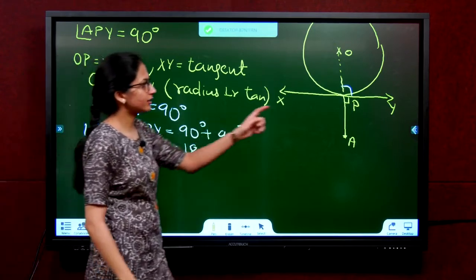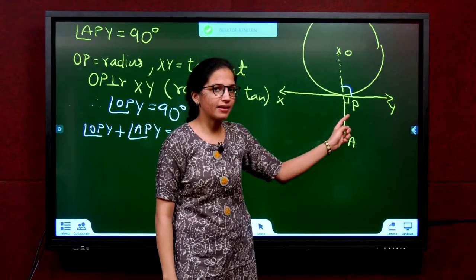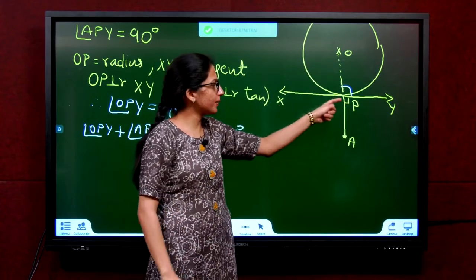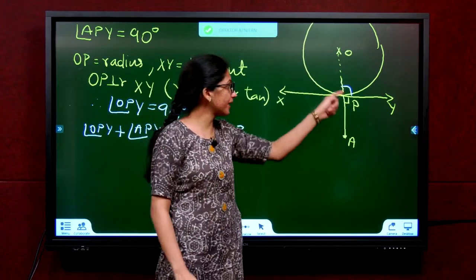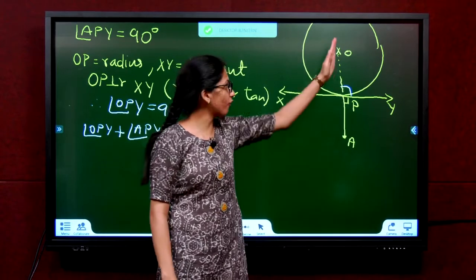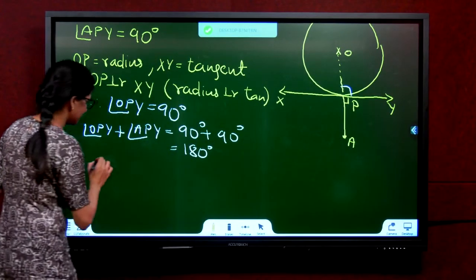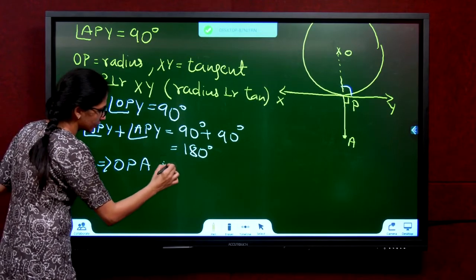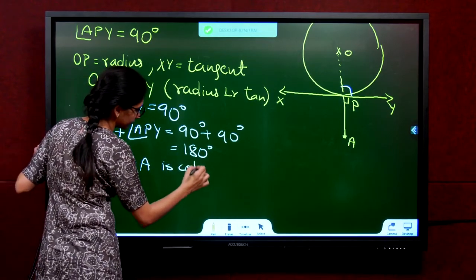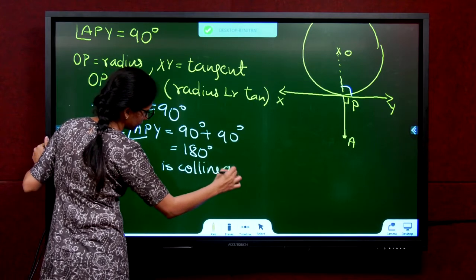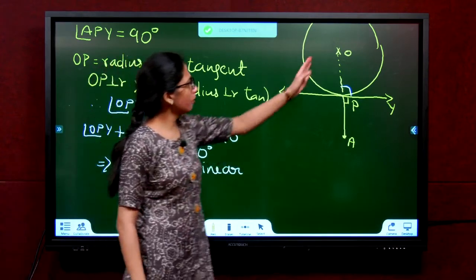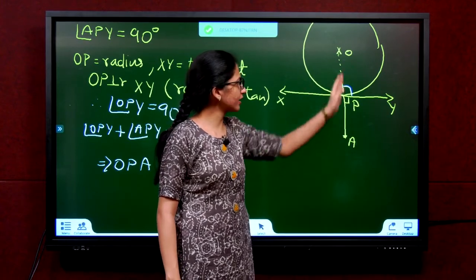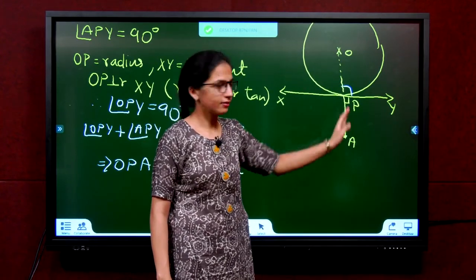That means what? These two angles form a linear pair. If the angles sum up to 180, they form a linear pair. That means O, P, A are collinear. They form a straight line. If O, P, A are collinear, that means OA is a single line.